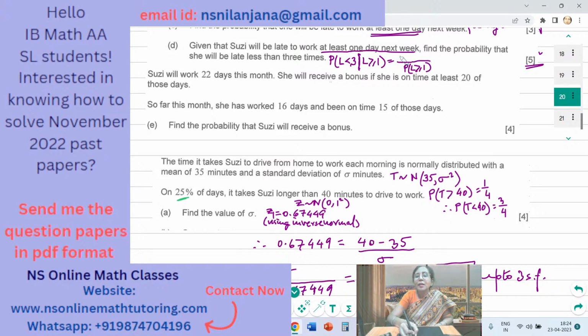As it is saying that L should be less than 3 times, but it should be at least 1, let me write that as well.